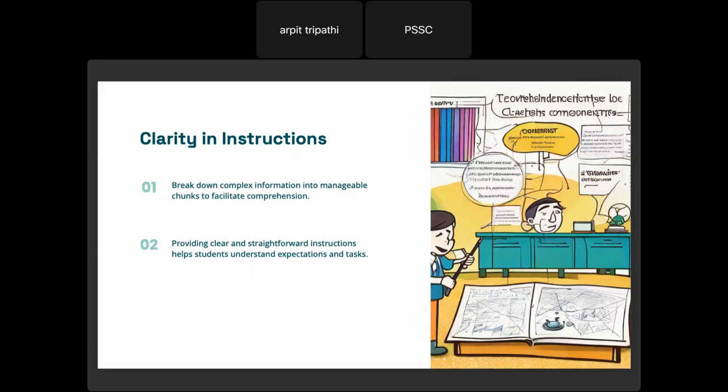Regularly check for understanding throughout the lesson by asking probing questions, conducting brief quizzes, or using formative assessment techniques. This allows you as an educator to identify any areas of confusion or misunderstanding and adjust instruction accordingly. So by using these strategies, I believe you as an educator can effectively break down complex information into manageable chunks.